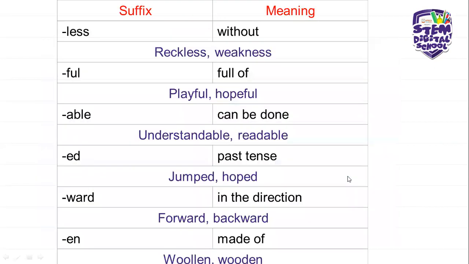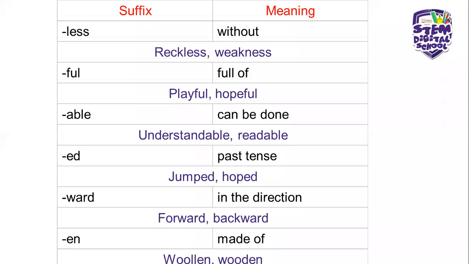Okay, here are a few examples of suffixes that we use the most. Less means without, like reckless or weakness. And full, like I told you with beautiful, means full of, like playful or hopeful. Able means can be, like it can be done, like understandable or readable. So if something's readable, it means it can be done.